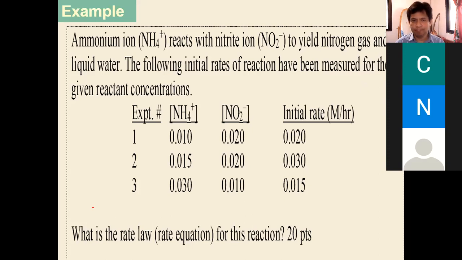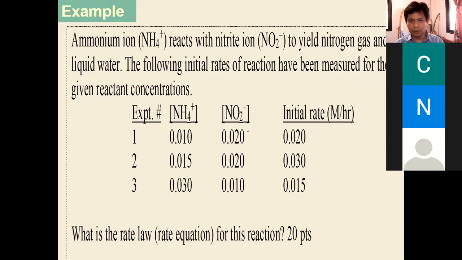Basic chemistry. To yield nitrogen gas and liquid water, the following initial rates of reaction have been measured for the given concentrations. So we have experiments 1, 2, and 3. It looks like what we've been doing. The question is, what is the rate law, the rate equation, for this reaction?